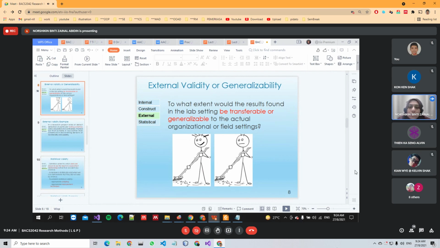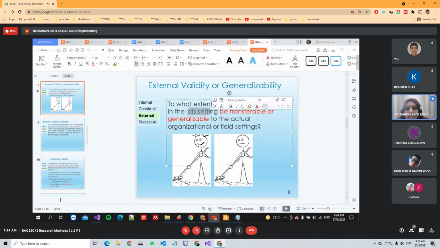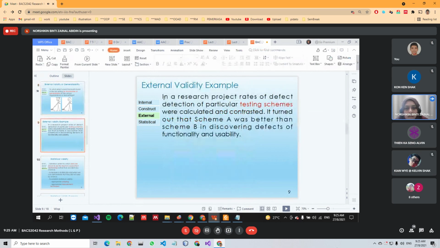So this is about how much any data result that we get from the lab setting can be transferable to other organizational or field settings. That means we change the environment. For example, from student, then what is the attribute that you need to have in your working environment later? So that one is the environment. This one is the explanation or example.